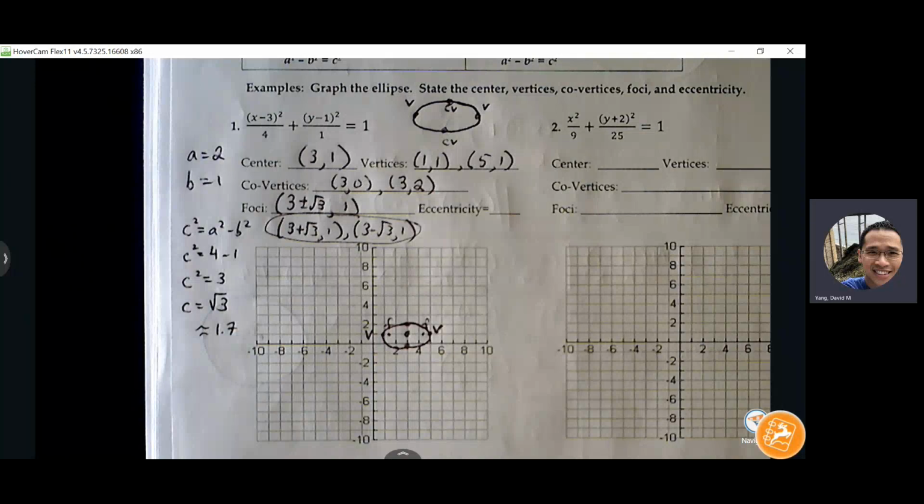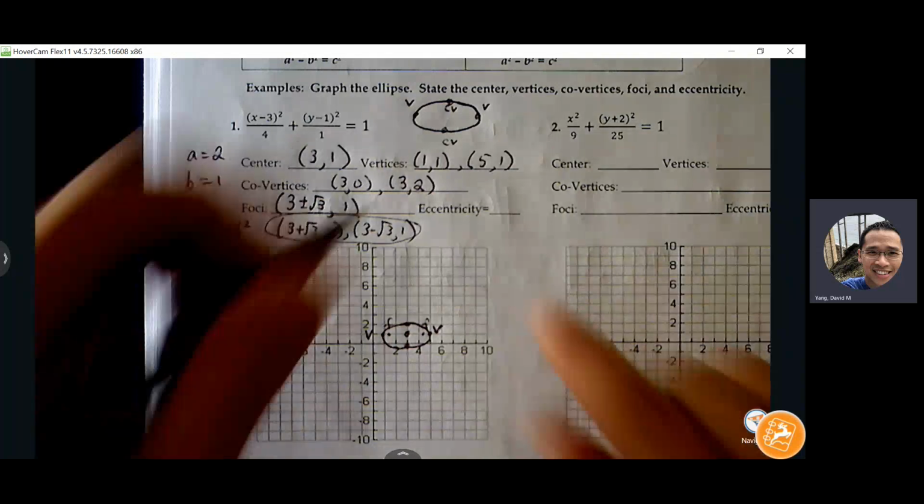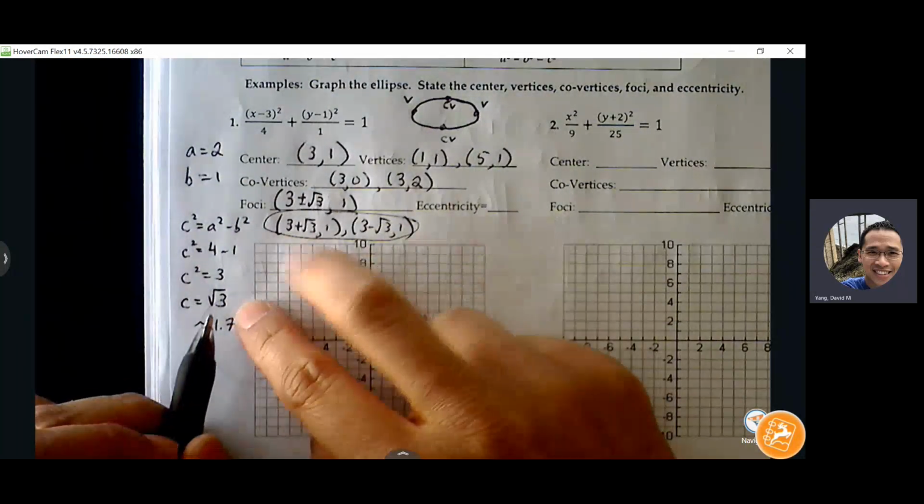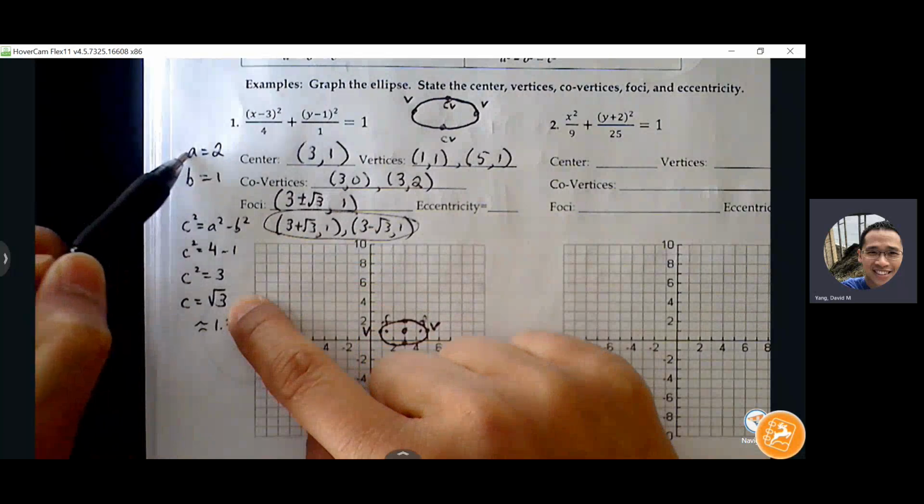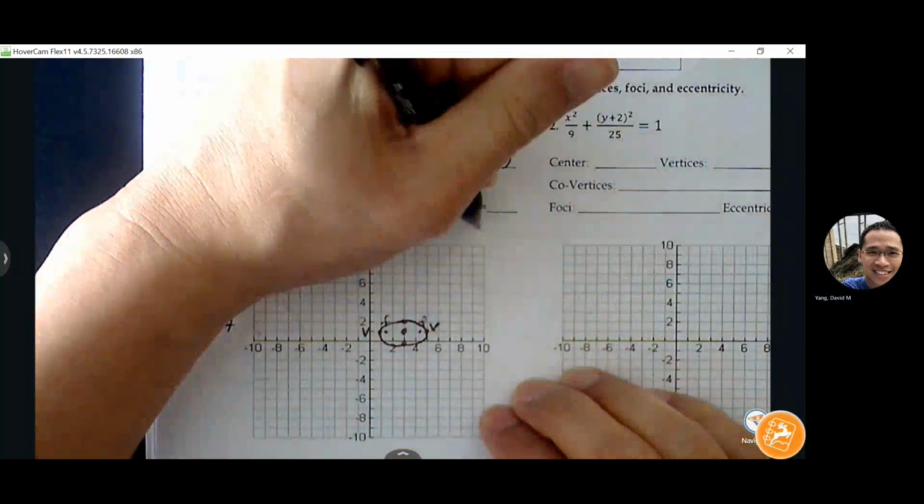Okay, any questions so far? All right, eccentricity is C over A. So I'm going to take my C value and divide it by my A value. So it's √3 over 2.